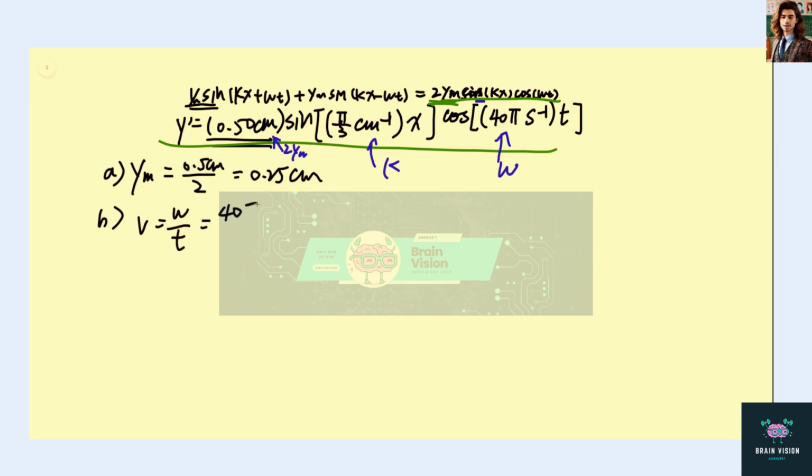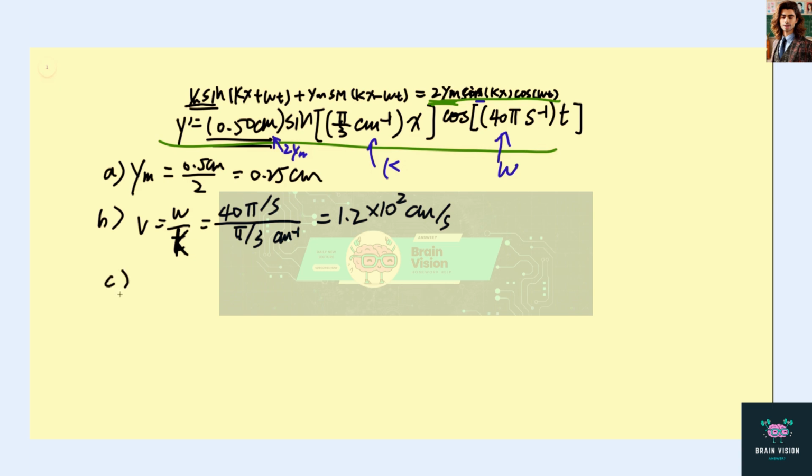Omega is 40 pi per second, and k is pi over 3 per centimeter. So the velocity is 1.2 times 10 to the 2 centimeters per second.